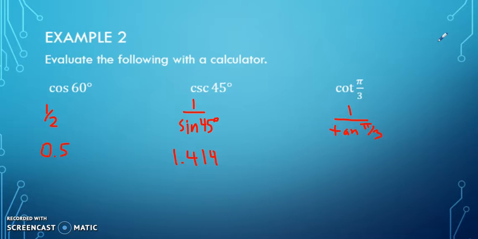So pi divided by 3 and close the parentheses so it knows that you're ending the angle there. The angle is pi divided by 3. The answer I'm getting for this one is 0.577. And that number is the same as square root of 3 over 3, but just in case your calculator can't enter the fraction form, I'm giving you the answer in this notation.